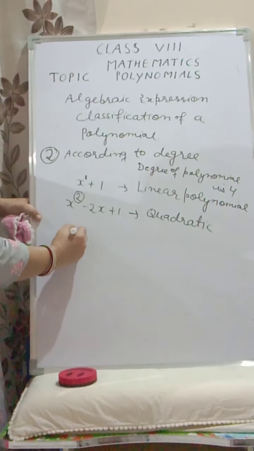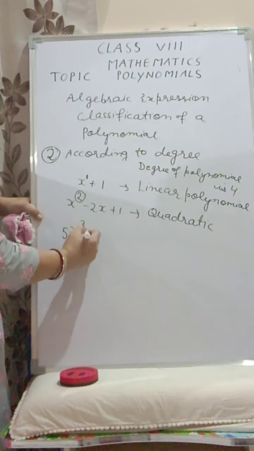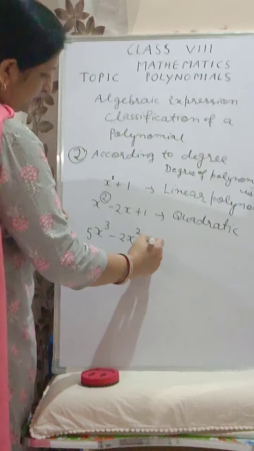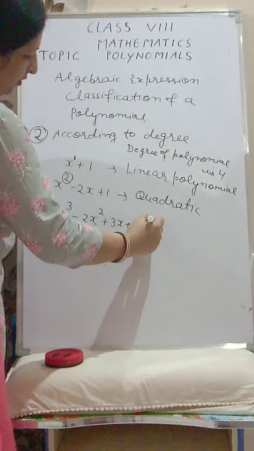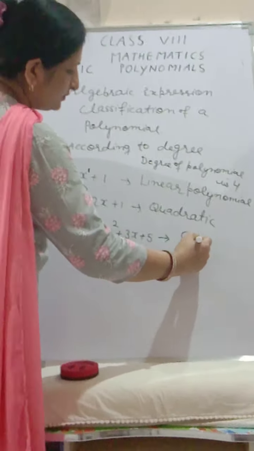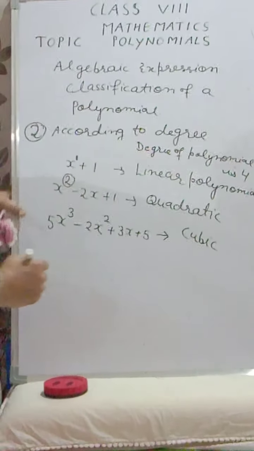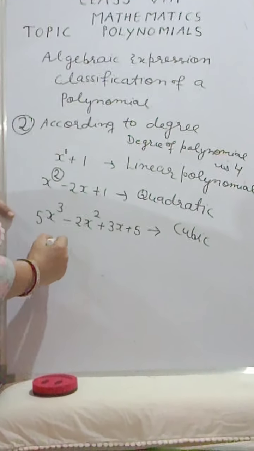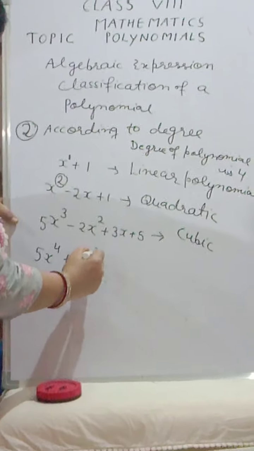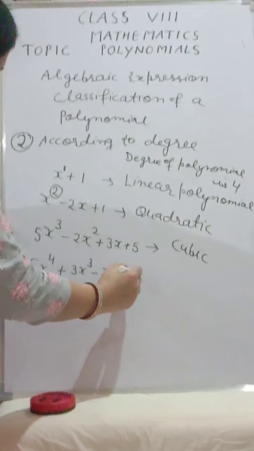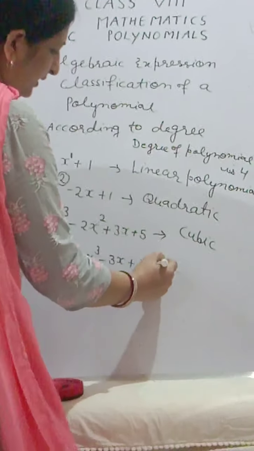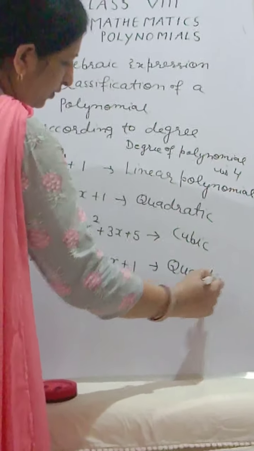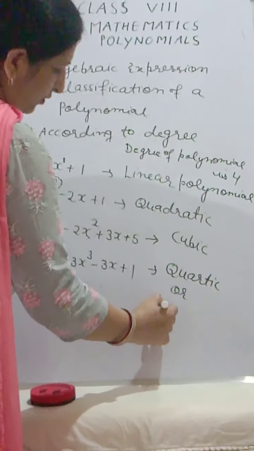When the highest degree is 3, then the polynomial is called cubic. When the highest degree is 4, then it is called quartic or biquadratic.